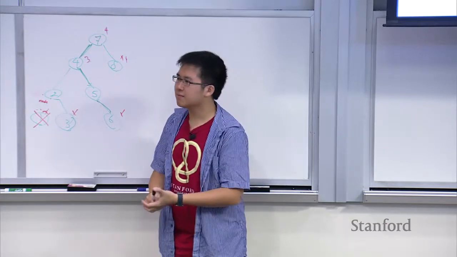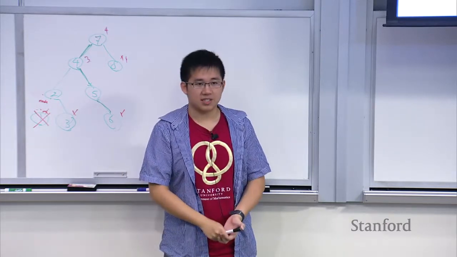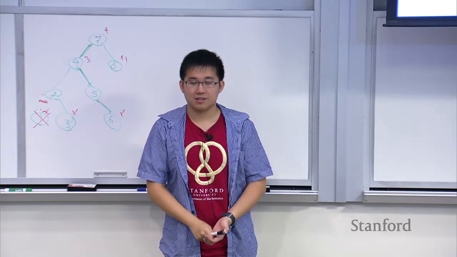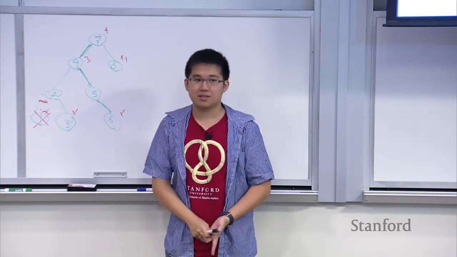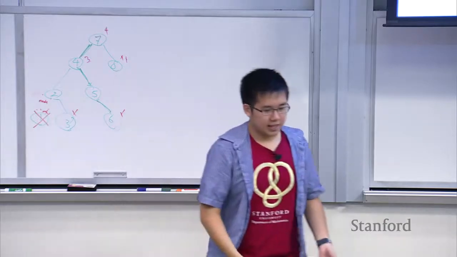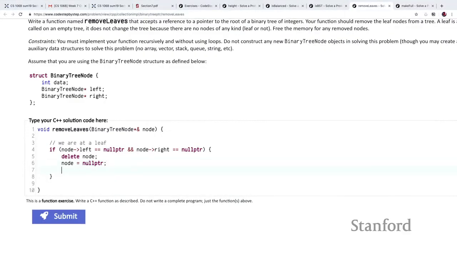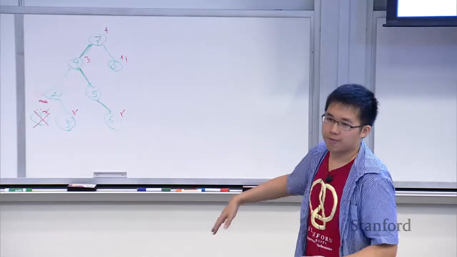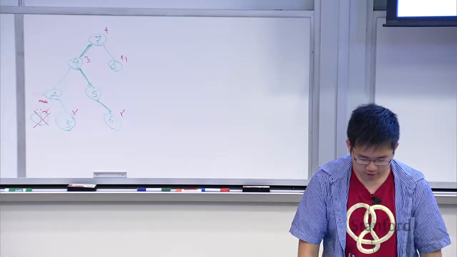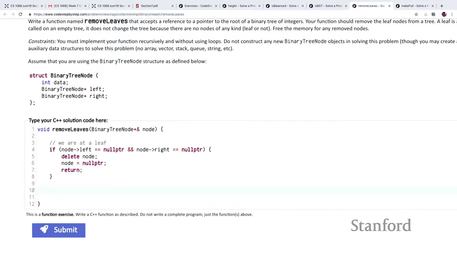Does that make sense? Any questions? Okay, great. And then if we're at a leaf, we don't want to make a recursive call because there are no more nodes below. So return. If we are not at a leaf, what should we do?